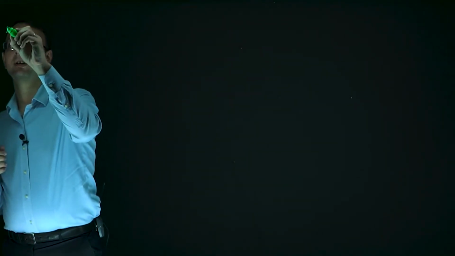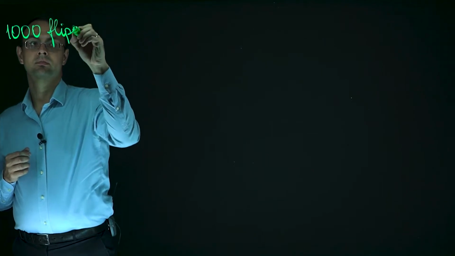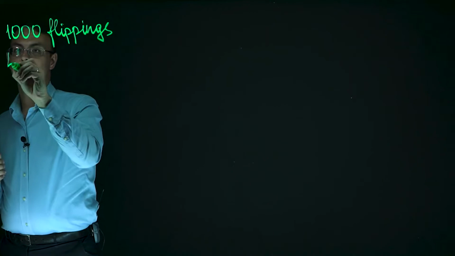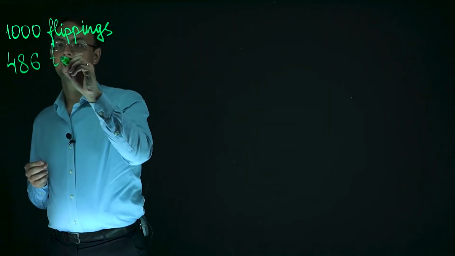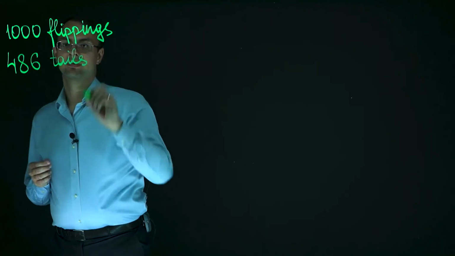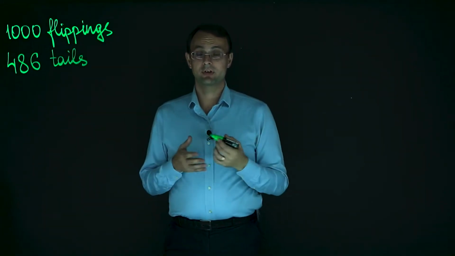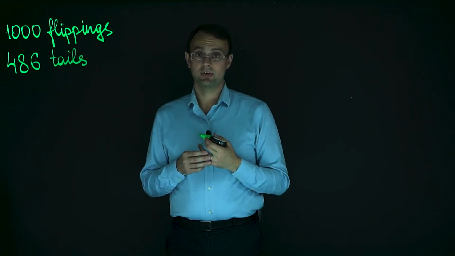So 1,000 flippings, and of these, 486 are tails. So the question is, can we say that the coin is fair?